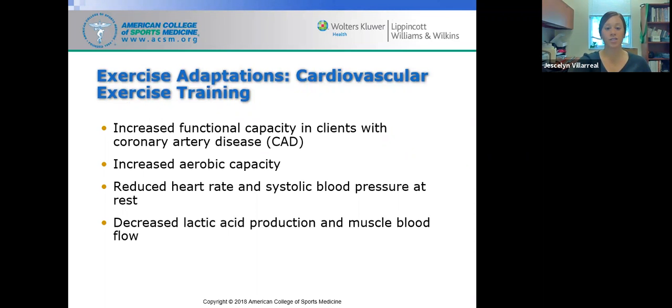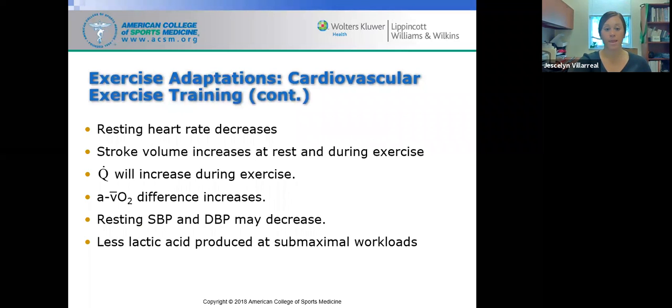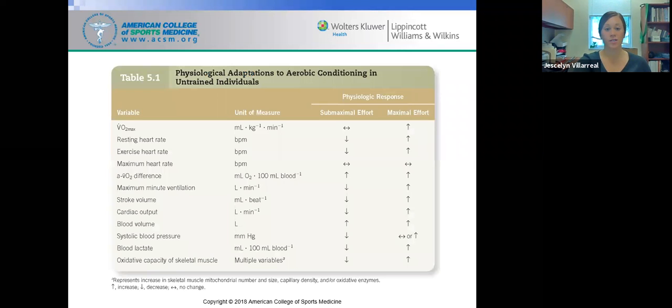More adaptations to exercise, increased aerobic capacity, reduced heart rate and systolic blood pressure, decreased lactic acid production and muscle blood flow. Okay, increased functional capacity of people with chronic disease. Resting heart rate decrease, stroke volume increase at rest and exercise. And you see a lot of increases and decreases with exercise.